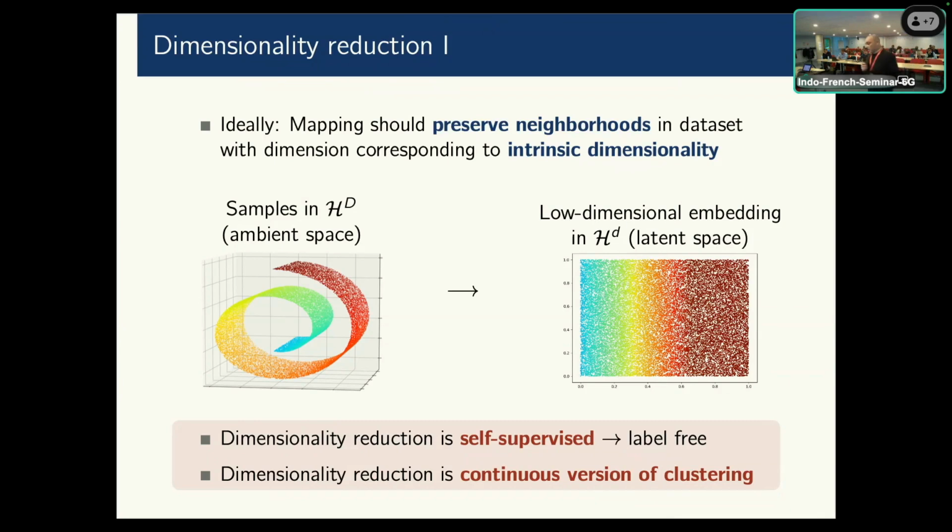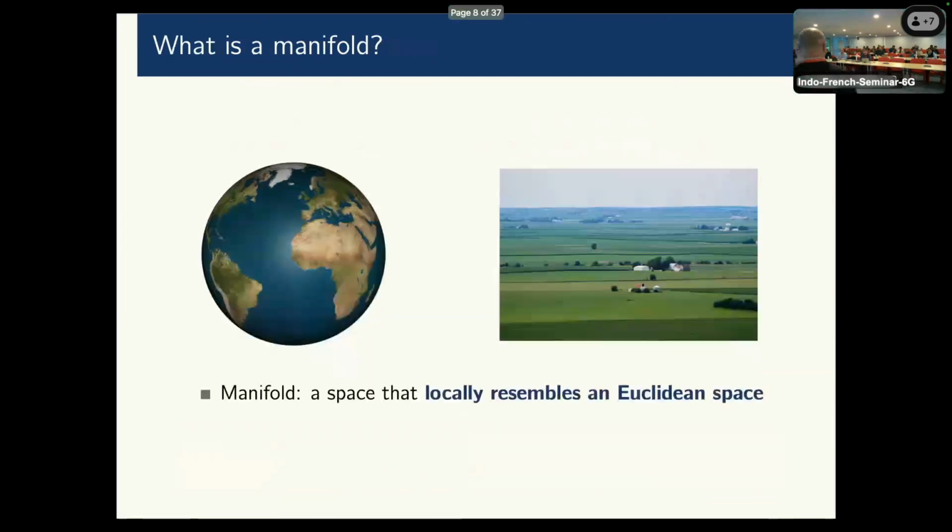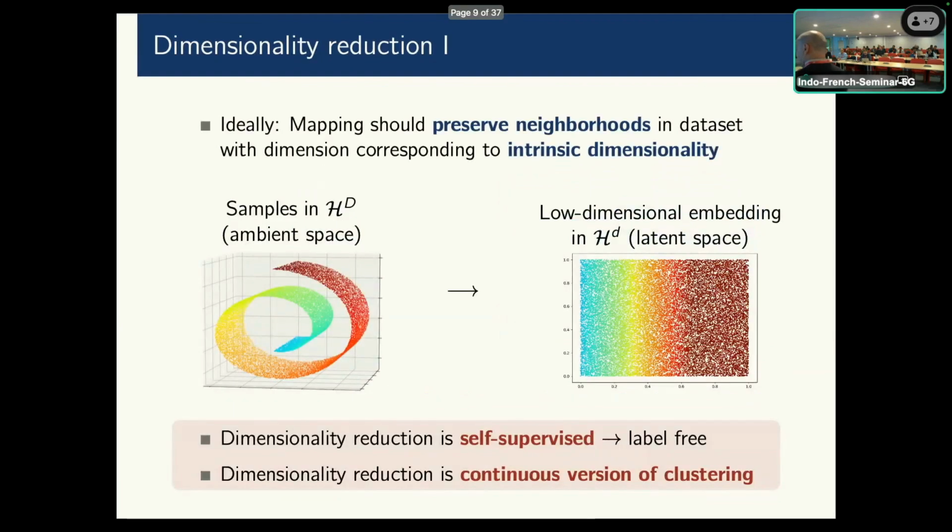Two samples which are neighbors in the original data set should also be neighbors in the reduced dimension data set. This is why I colored them, so you can check that. Two neighbor samples in that data set have almost the same color, and here they end up having almost the same color too, which means that this neighborhood relationship is preserved.